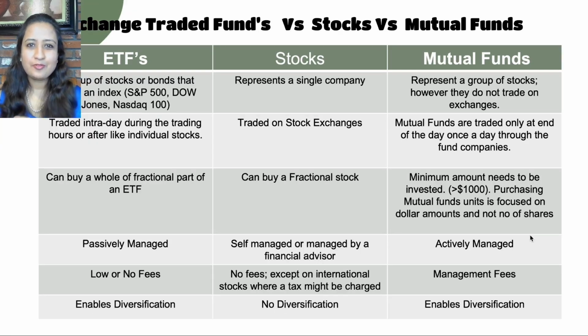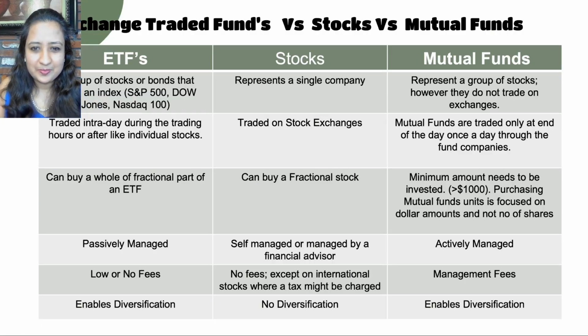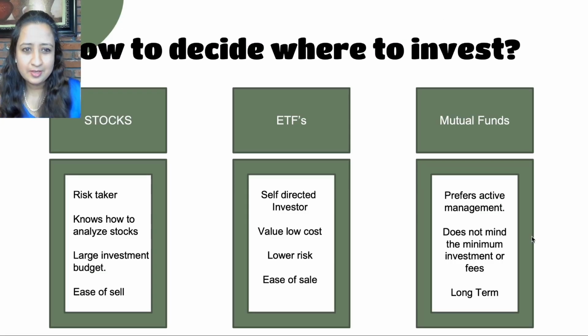So if you're still confused and not able to decide how to begin your investment journey or where to invest, then let's make that easier for you by summing up everything that we have seen so far. Stocks are for those who do not mind taking risks, know how to analyze the financials of a company, have a decent investment budget, and are looking for an easy to liquidate option.